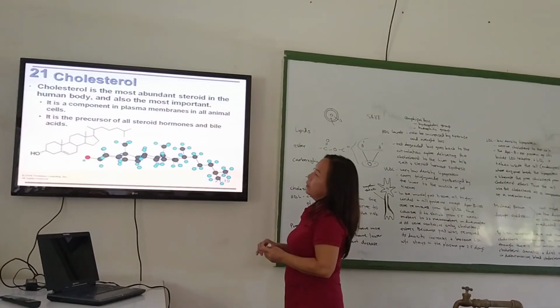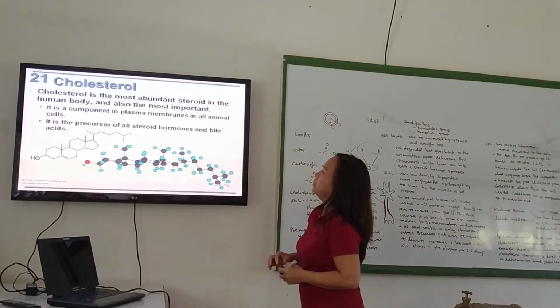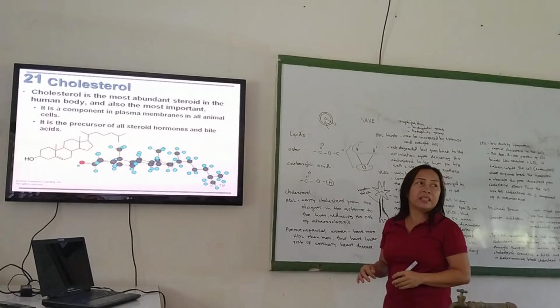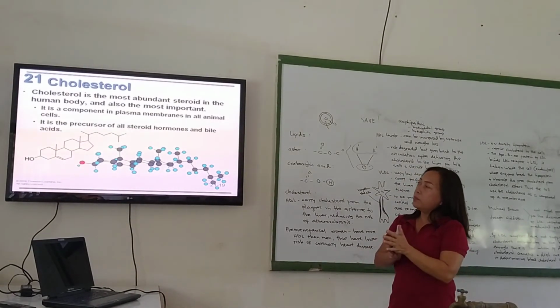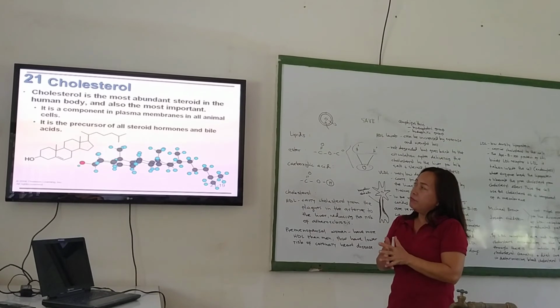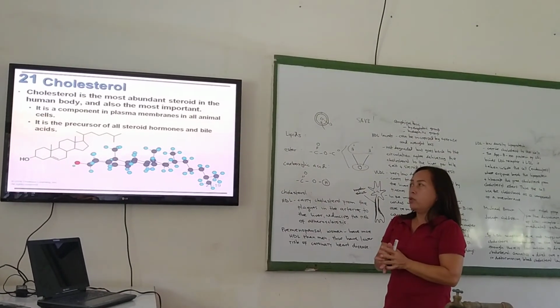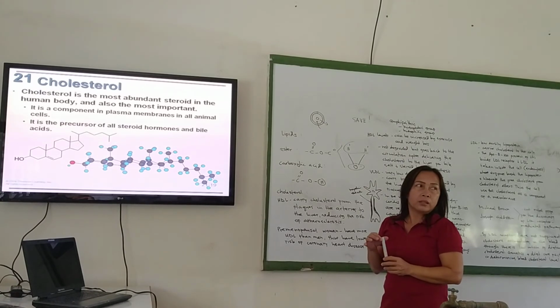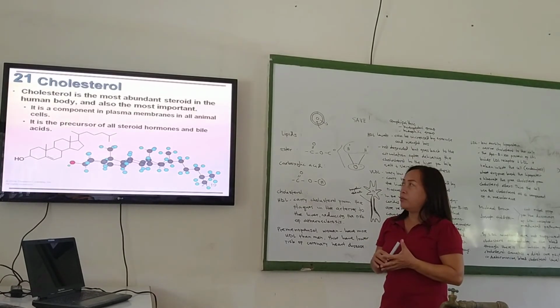It is found in animal cells and is the precursor of steroid hormones and bile salts. What are steroid hormones? Can you give an example of a steroid hormone? What makes you man? Testosterone. And what makes you woman?